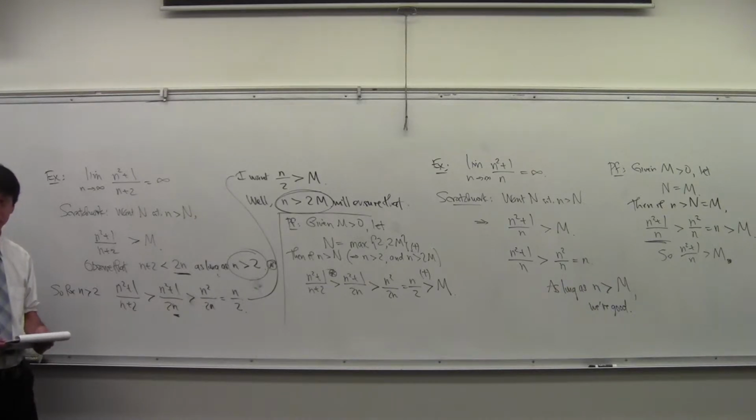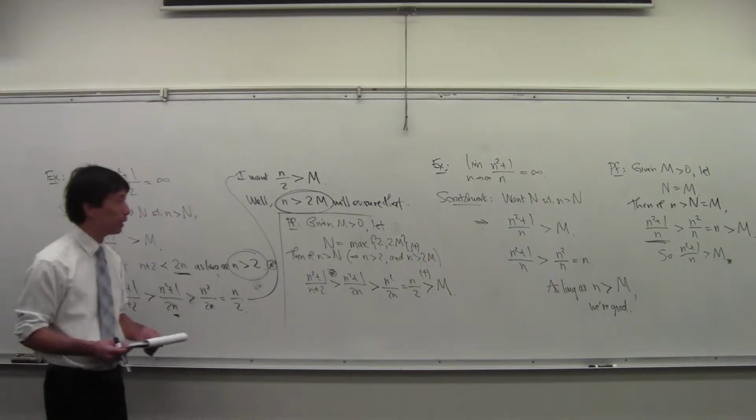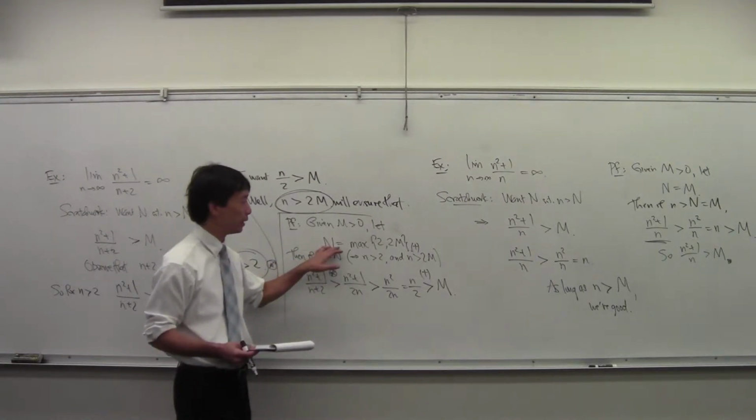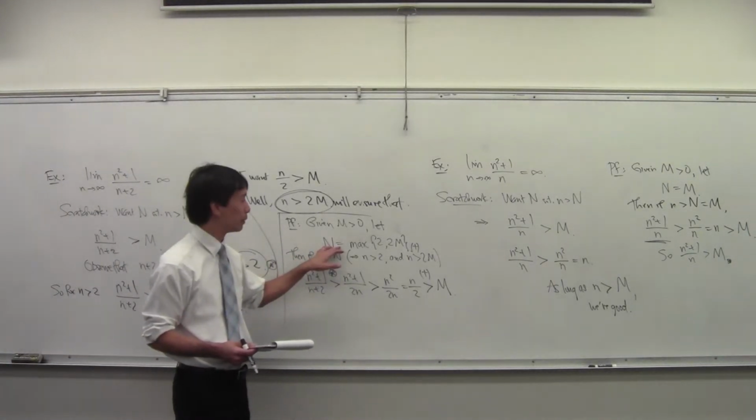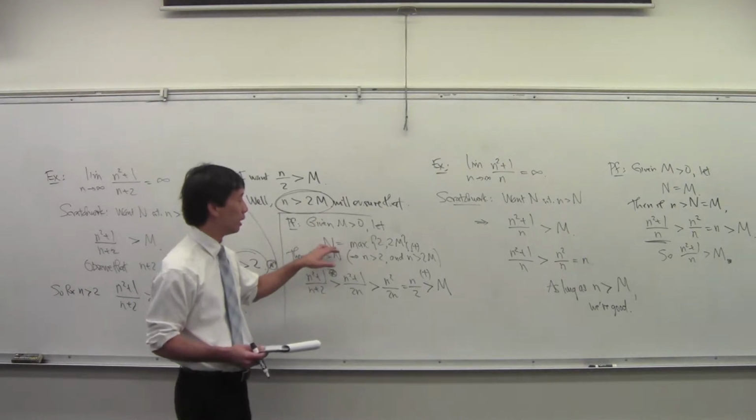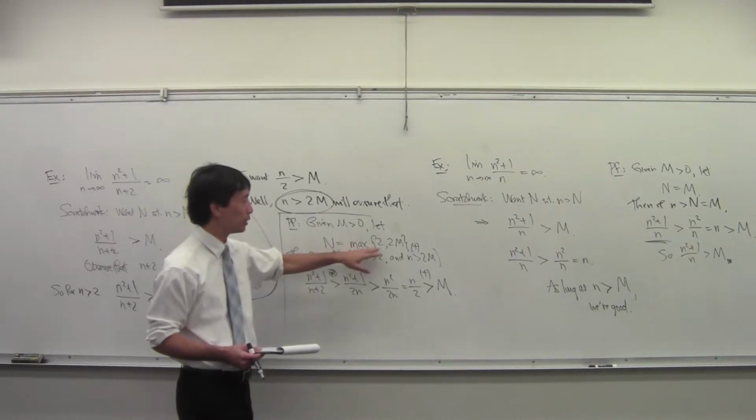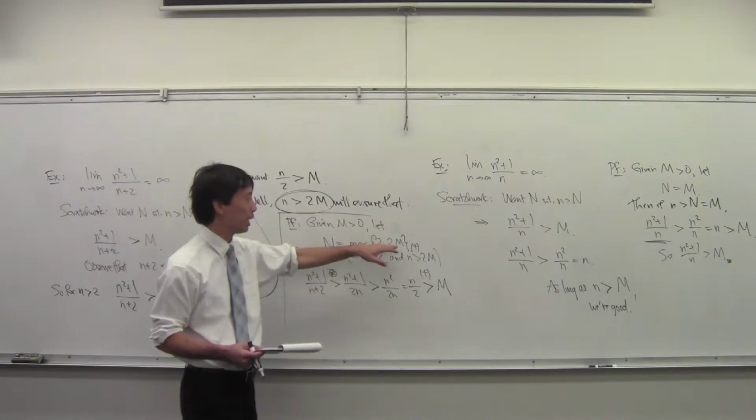So is the N equals max just a bound? That is the N that we're looking for. We choose N to be the larger of 2 and 2m.